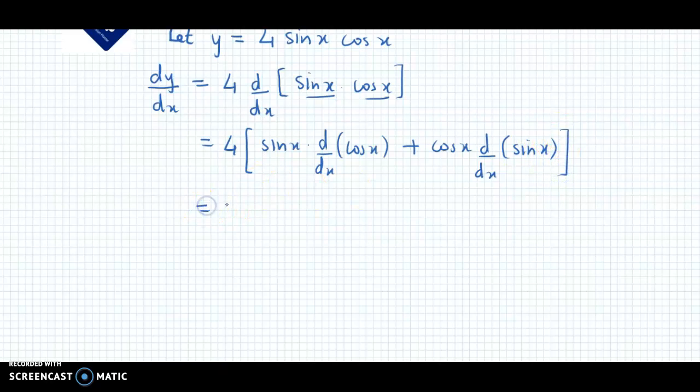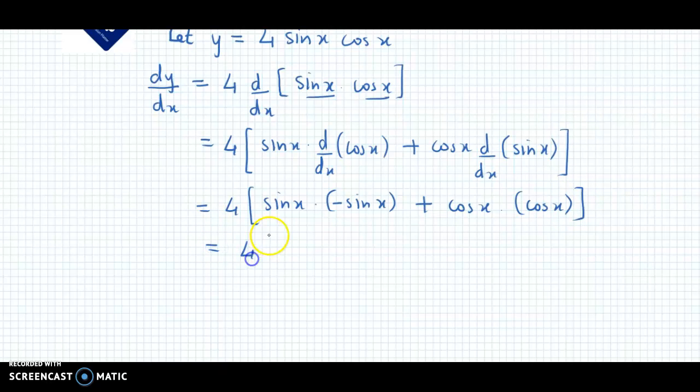So proceeding further, we get 4 times, we have sin x into, now the derivative of cos x is minus sin x, plus cos x into the derivative of sin x, which is cos x.